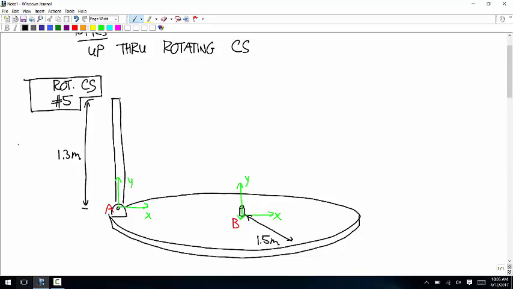And the disk rotates about its center with an angular velocity of -5. That's going to be in the y direction. So 5 radians per second that way.